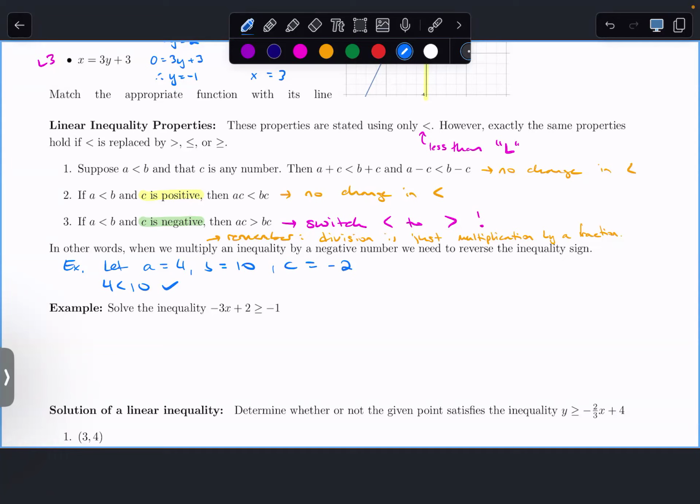So now if I take A times C, I'm just going to jump straight to the is greater than B times C, because I don't want to write something false and then correct it later. So we've switched the inequality here.